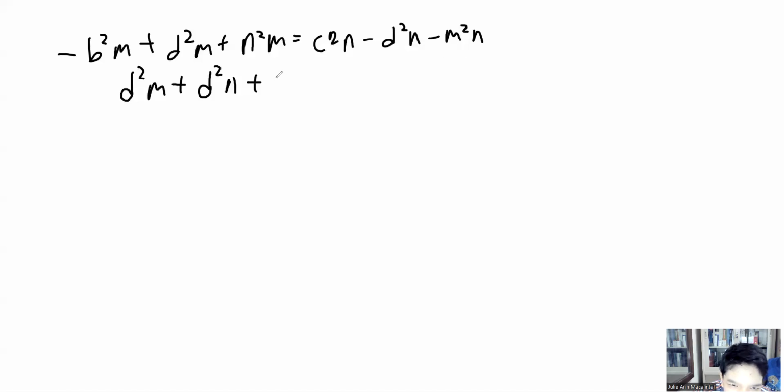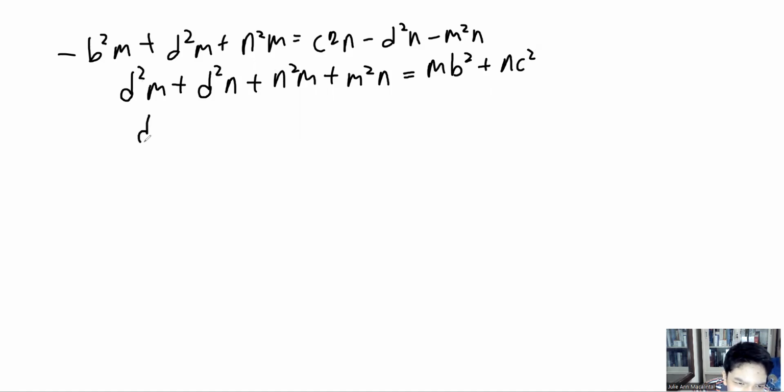And then finally, we'll move this b squared n with the c squared n. Actually, it looks kind of ugly, so I'll just rearrange. It will become mb squared, and then this one will be nc squared. Okay, there we go.